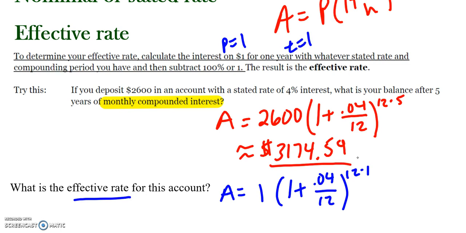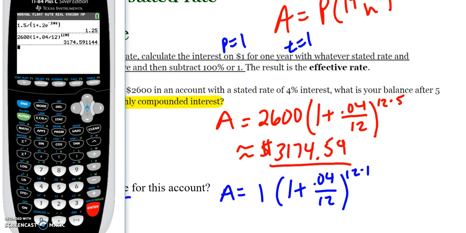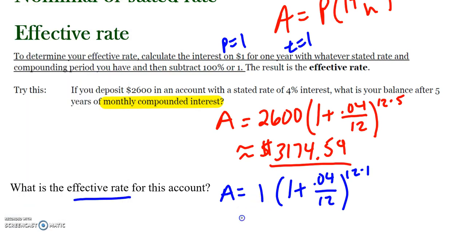So principal becomes 1, time becomes 1. So let's plug that in. I apologize, that would be 1 times 1 plus 0.04 divided by 12, raised to the 12. So that gets me a value of approximately 1.0407, I believe it was.